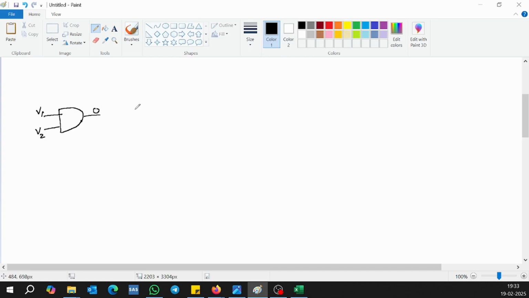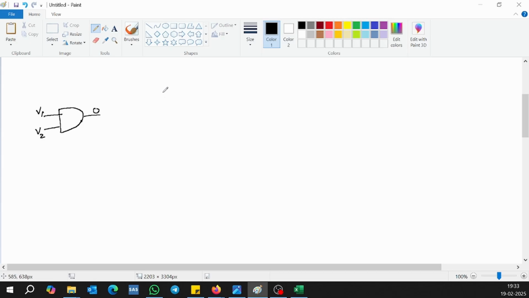So what does the AND gate do? When both the signals are high, when both the signals are 1, then the output will be 1. If any of the signals is low, or 0, the output will be 0. And when both the signals are 0, then also the output is 0.